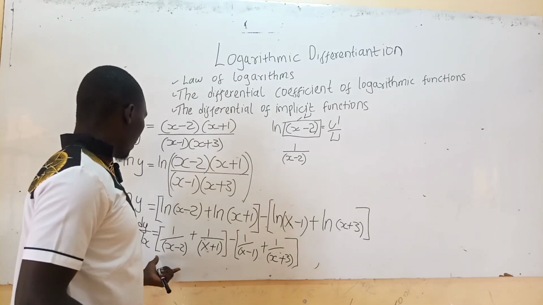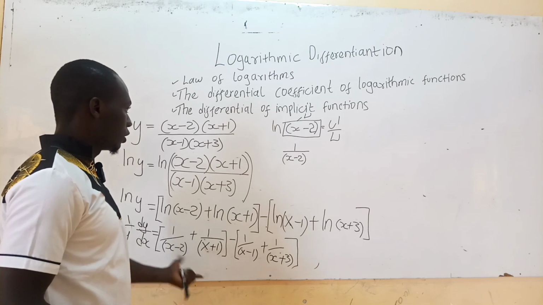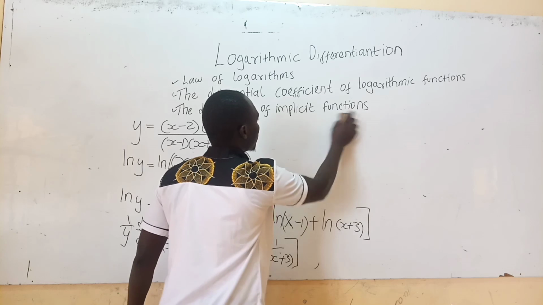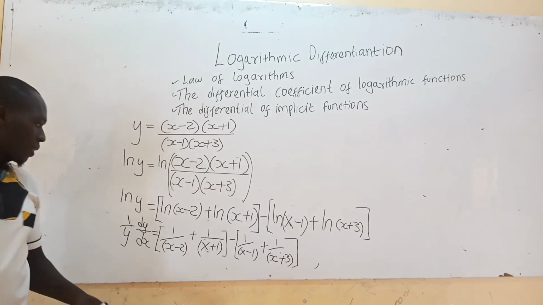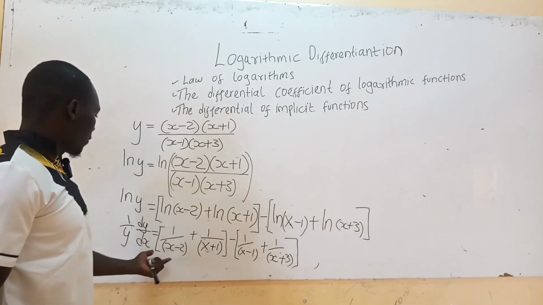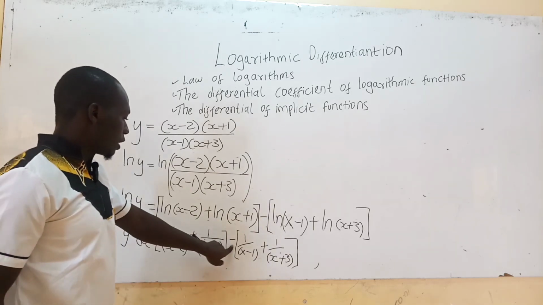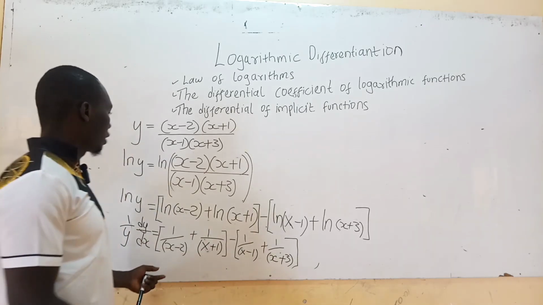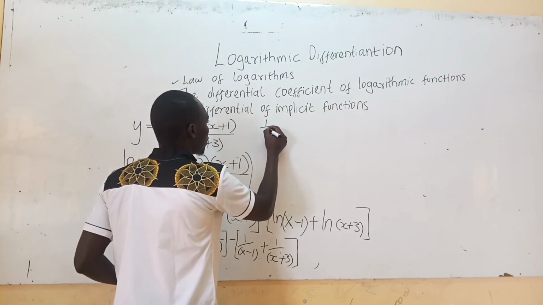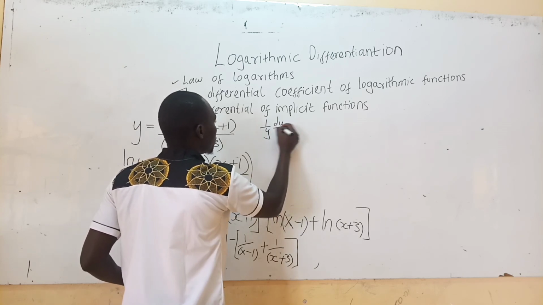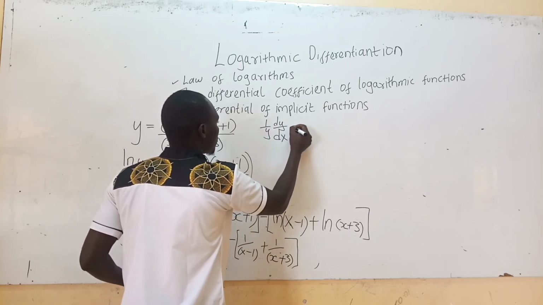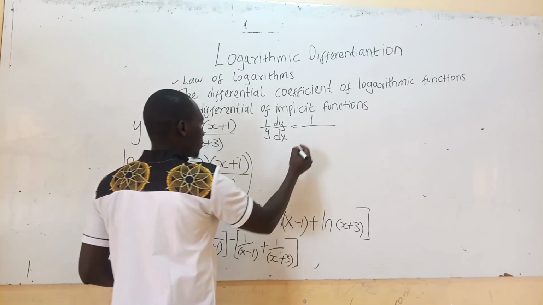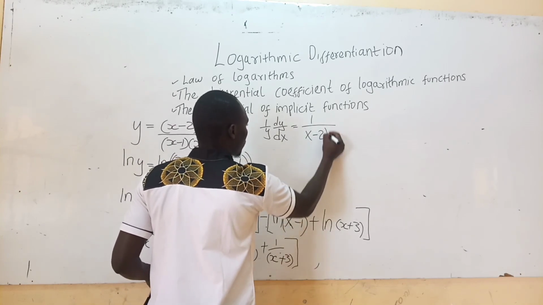Now, after differentiating up to this point, this negative is going to affect what we have within our second bracket, and we are going to have 1 dy with respect to dx is equal to, here we are going to have 1 all over x minus 2.